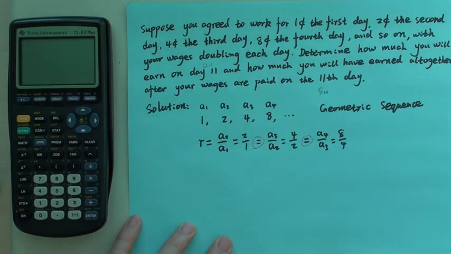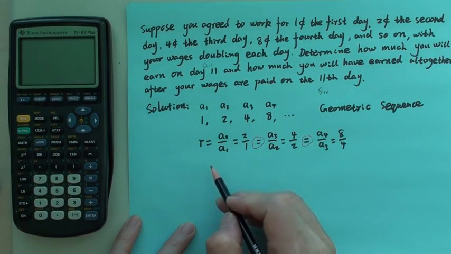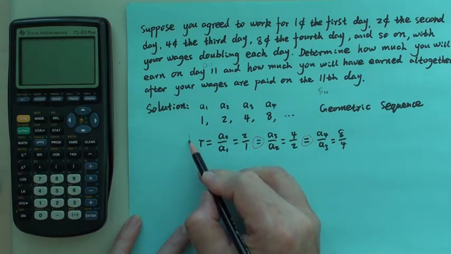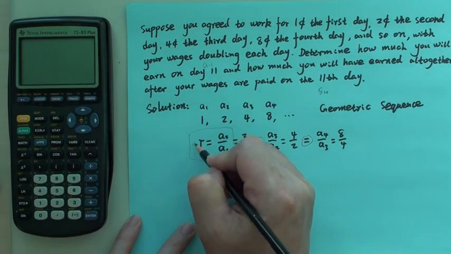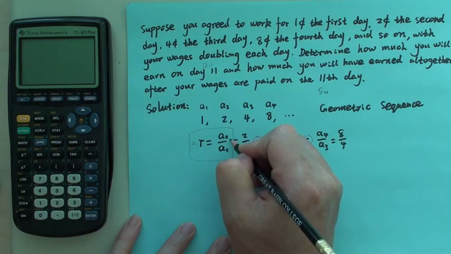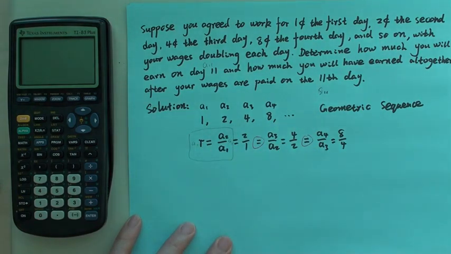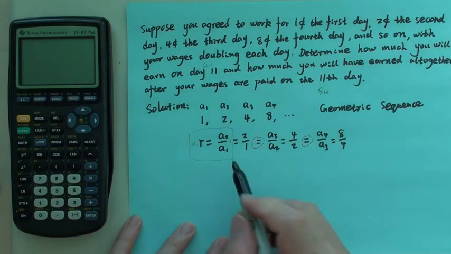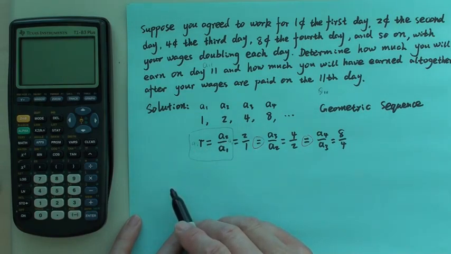If you look at this one only, if you multiply by A1 on both sides, you are going to cancel this A1 with this A1. So basically A2 equals A1 times r.